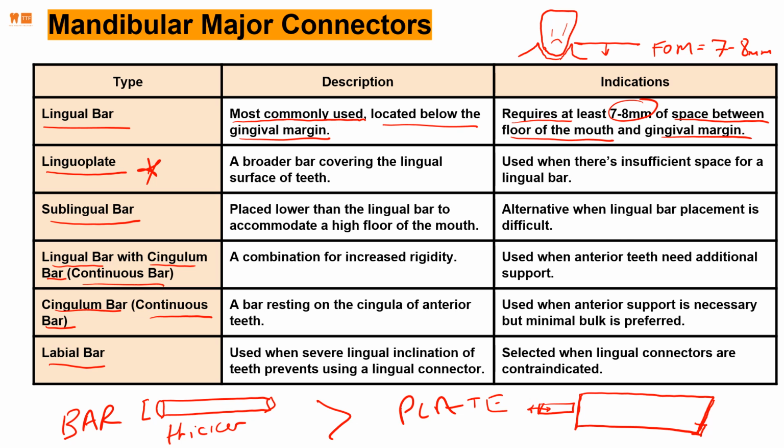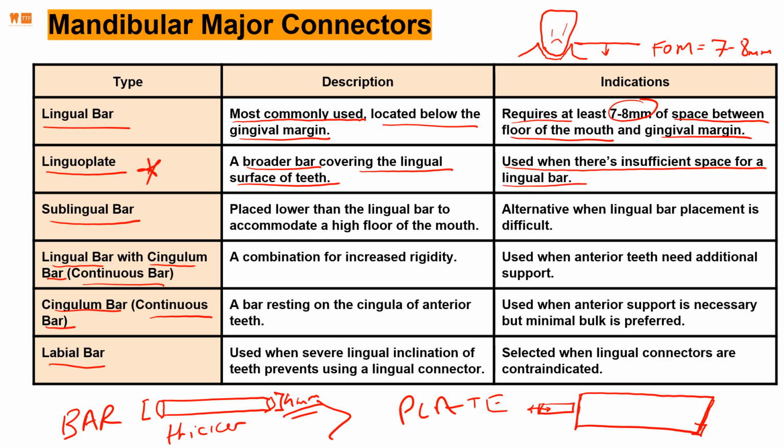Then we can use a lingual bar because of its own diameter, right? Its own thickness is around 4 millimeters, for example. Therefore, you need another 4 millimeters so that the floor of the mouth does not impinge. But lingual plate, it's a broader bar covering the lingual surface of the teeth, and it's used when there is insufficient space for lingual bar.